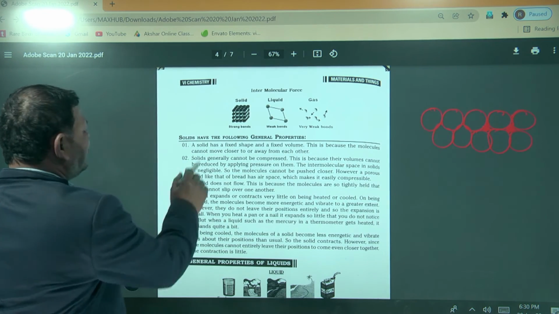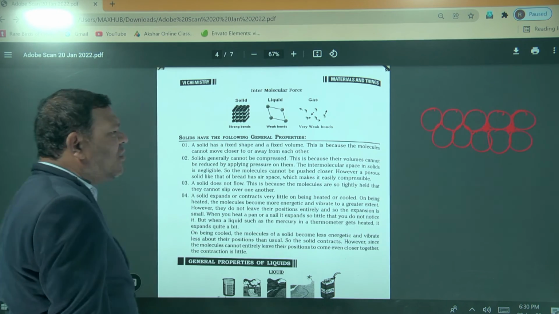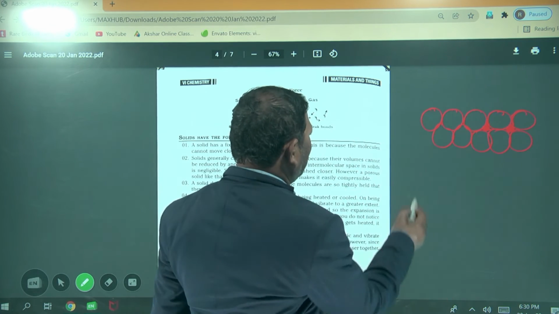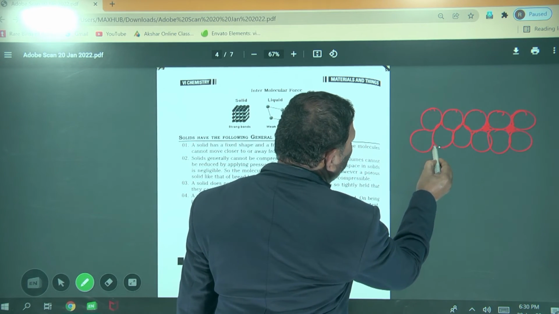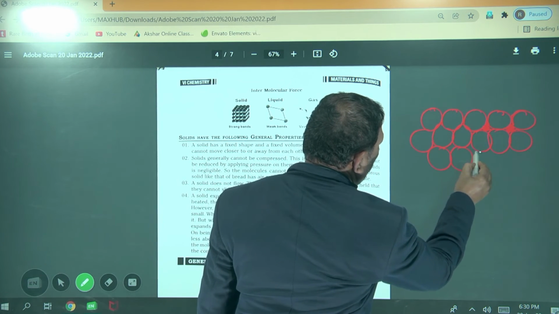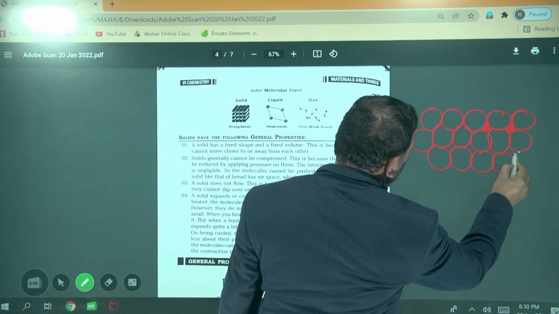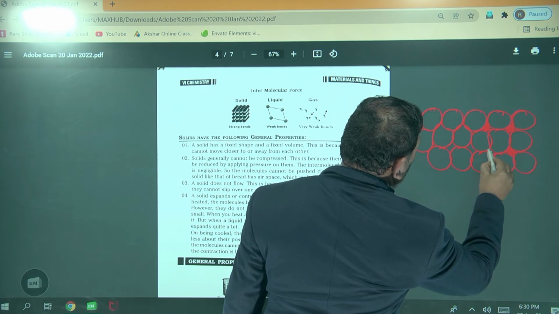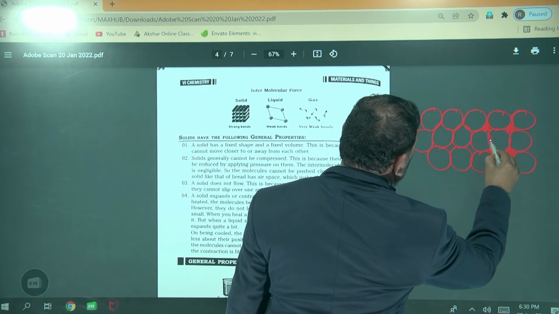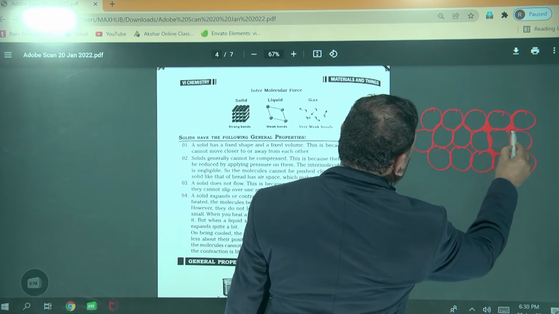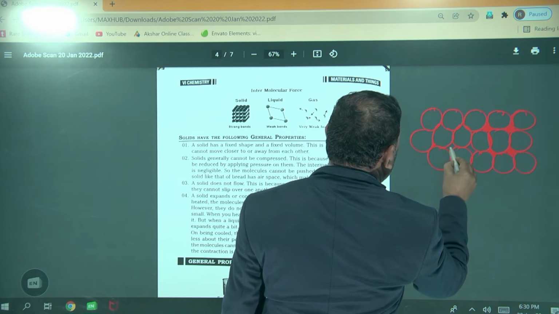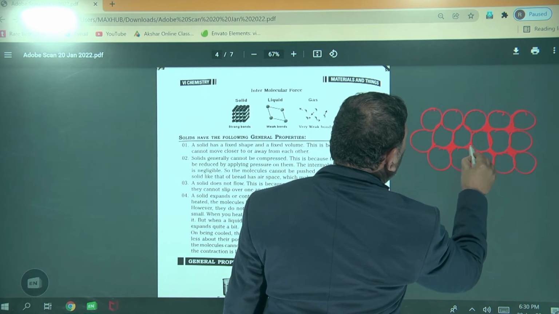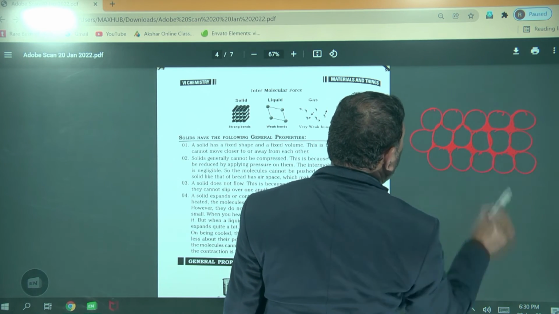What you should understand is that solids have a fixed shape and fixed volume because the molecules are very closely and compactly arranged next to each other. There is no gap between them.